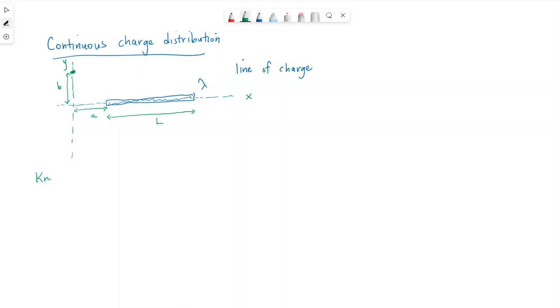So assume we know B, A, L, and lambda. And we want to calculate or determine the electric potential at point C. I'm going to call this point C, that dot I drew in the drawing.